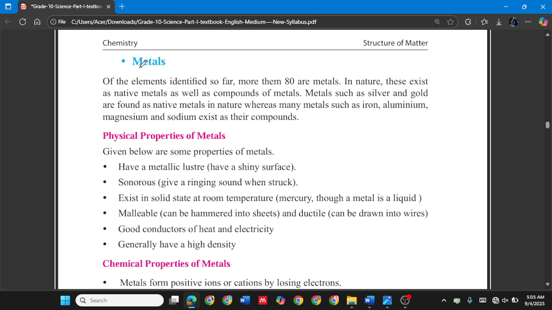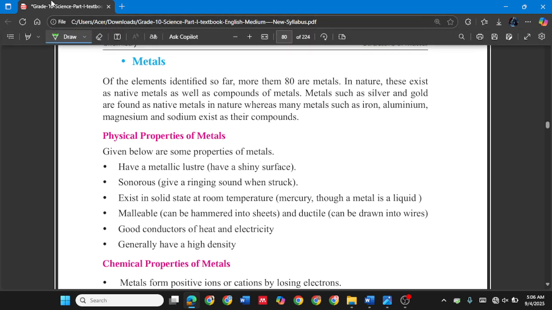In nature, these exist as native metals as well as compounds of metals. Metals such as silver and gold are found as native metals in nature, whereas many metals such as iron, aluminium, magnesium, and sodium exist as their compounds. There's a reason for this: silver and gold have low reactivity.